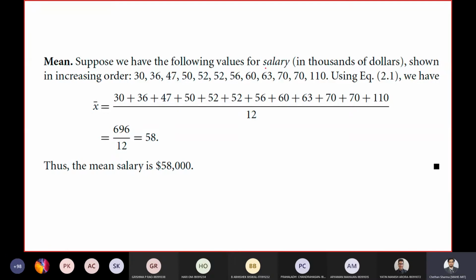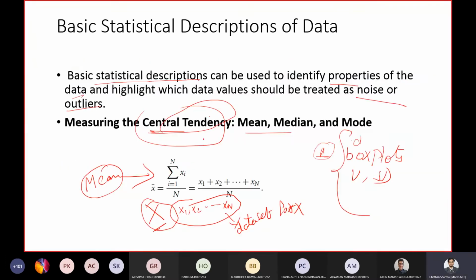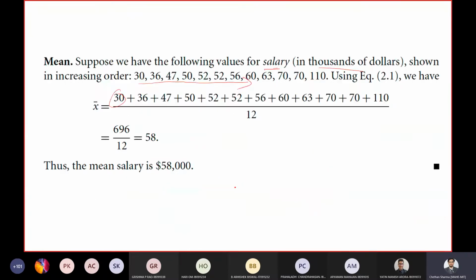This is salary, and each salary is in $1,000. So 30 means $30,000. The question tells us the salaries are arranged in increasing order. Find the mean of it. Using this formula, you have to add everything and divide by the total number of values.